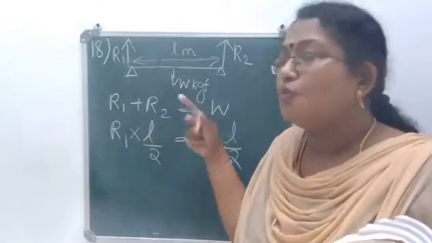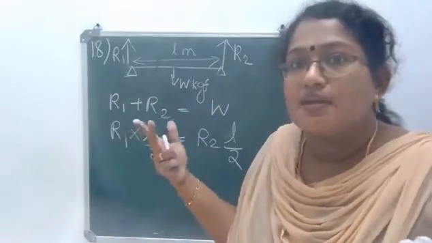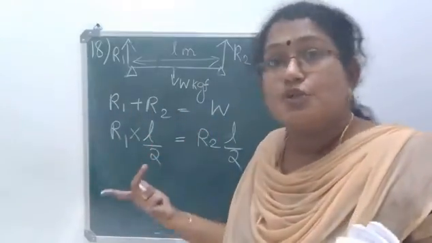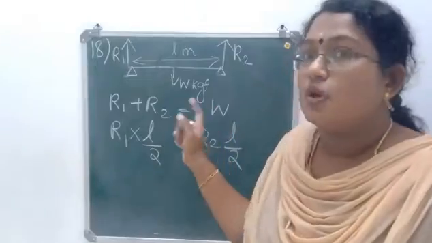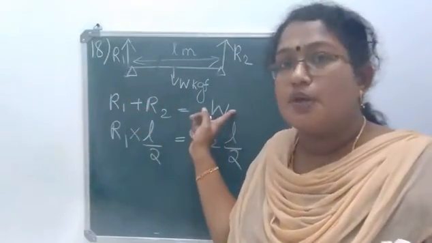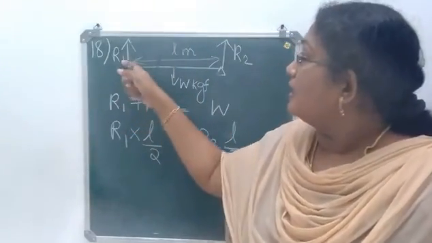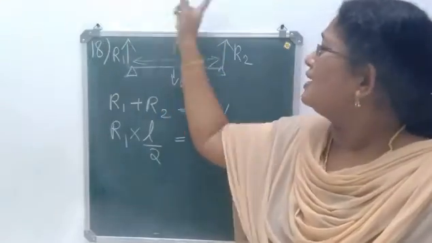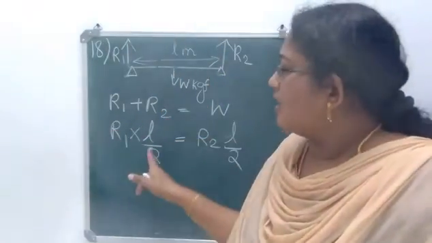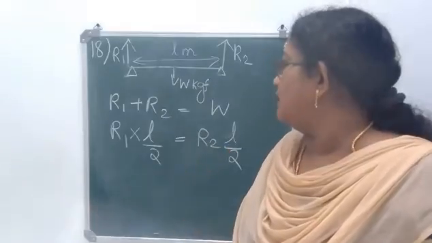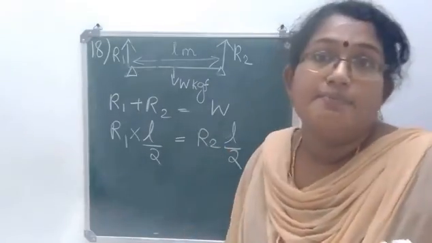R1 plus R2 minus W equal to 0 can be written as R1 plus R2 is equal to W. Same thing here also. Anti-clockwise moment will be equal to clockwise moment. So here this is clockwise, this is anti-clockwise. R1 into L by 2 is equal to R2 into L by 2.